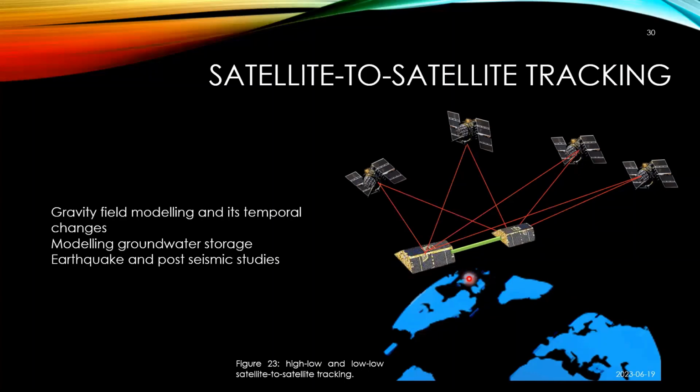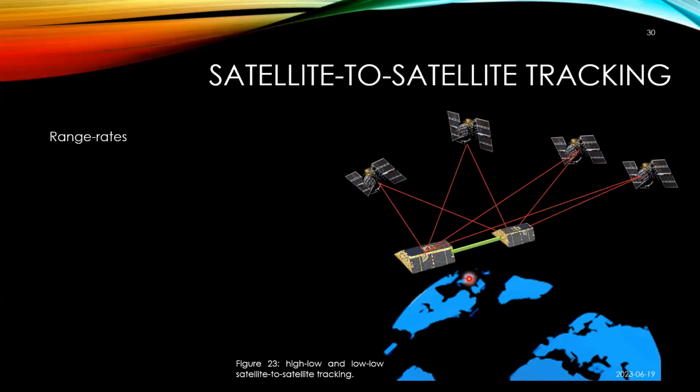This technique is used in the GRACE mission and GRACE-FO mission for gravity field modeling and the changes of the gravity field, even for earthquakes or seismic tectonics. So range rate and line-of-sight measurements are the 2 sorts of measurements.